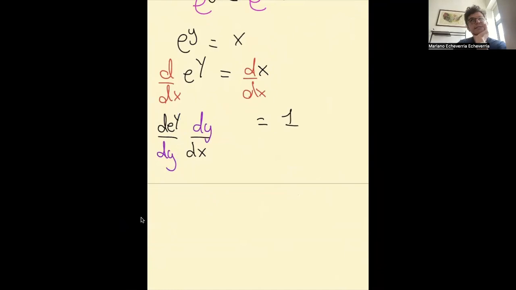But now, what's the derivative of e to the y with respect to y? It's better to think about it in words. What's the derivative of the exponential function?